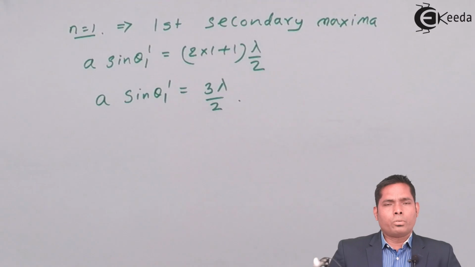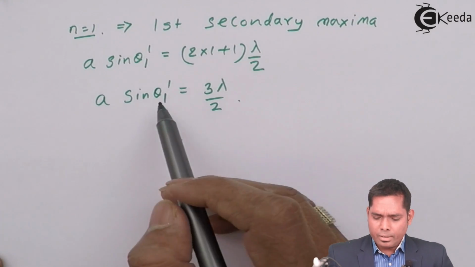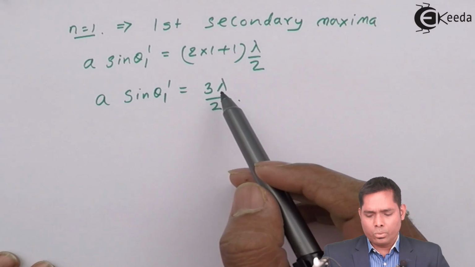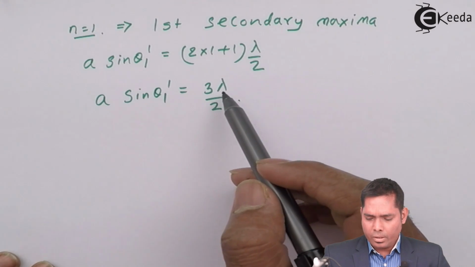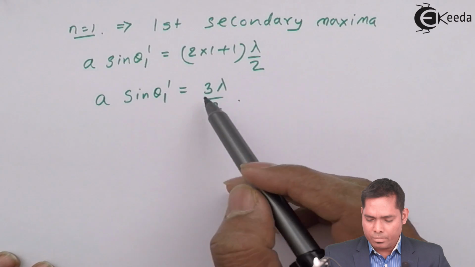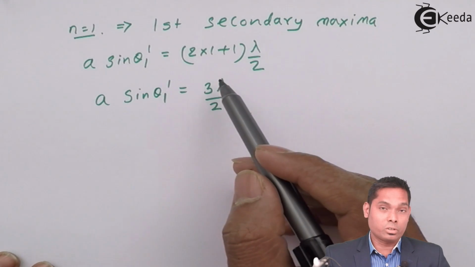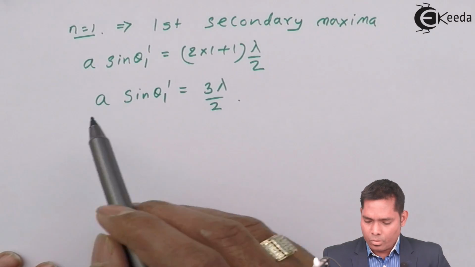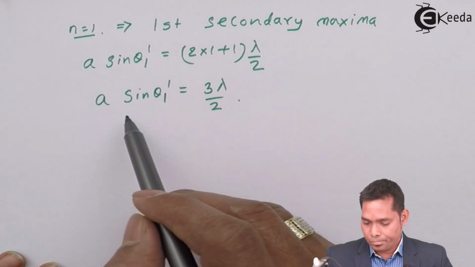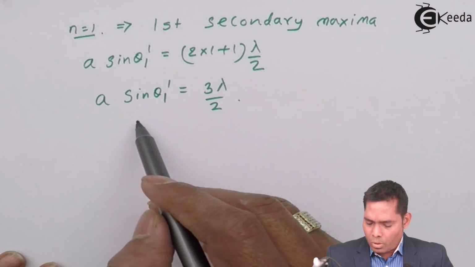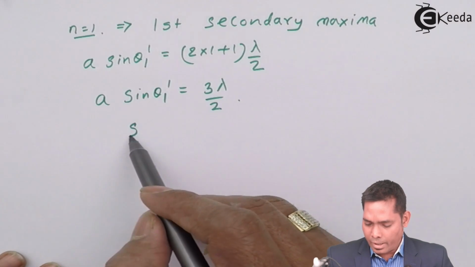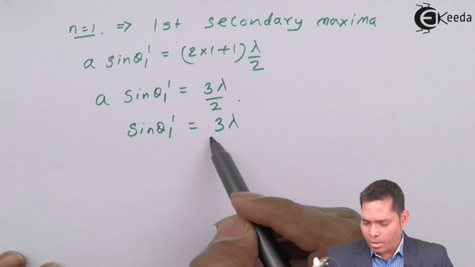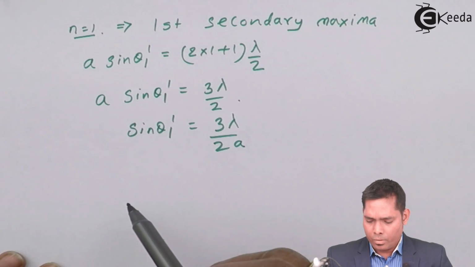We must remember that the path difference becomes 3 lambda by 2 where you get the first maximum after the central. So sine of theta 1 prime equals 3 lambda upon 2A.